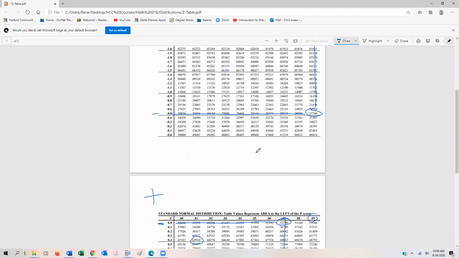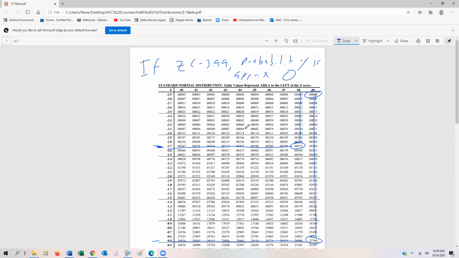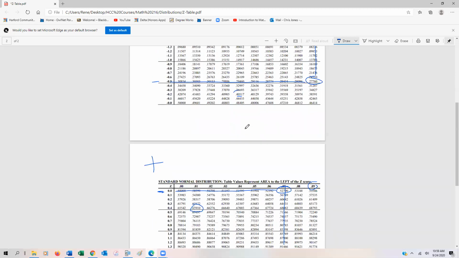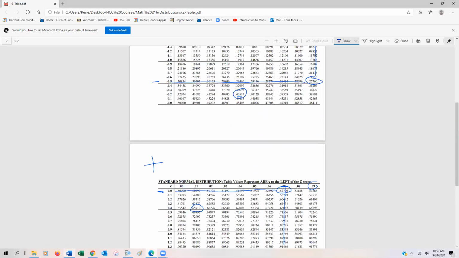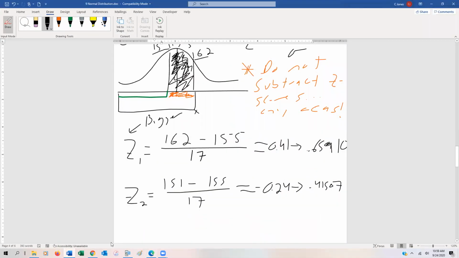I think it's going to be this number right here. Yep, it's 0.40517. Just double checking, 40517. Yep, good.